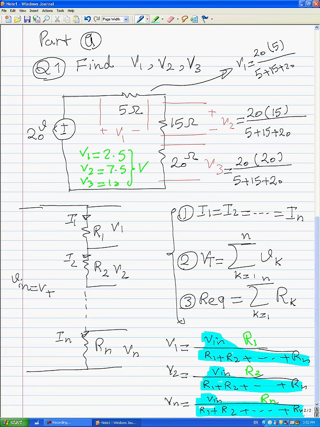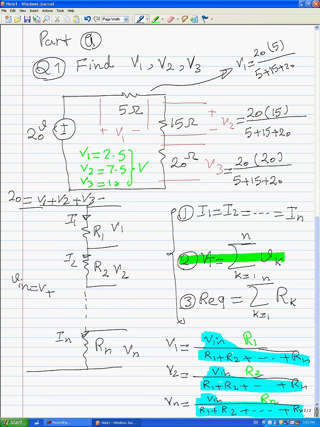Important note, how we can estimate and check our answers. It's easy and important. Our answers should verify this rule, which means our answers should verify this equation. 20 here, total voltage, is equal to V1 plus V2 plus V3.